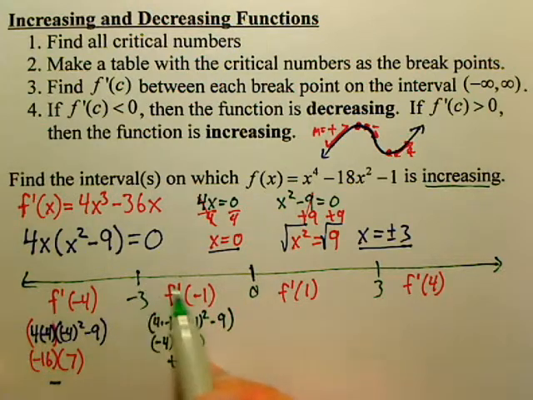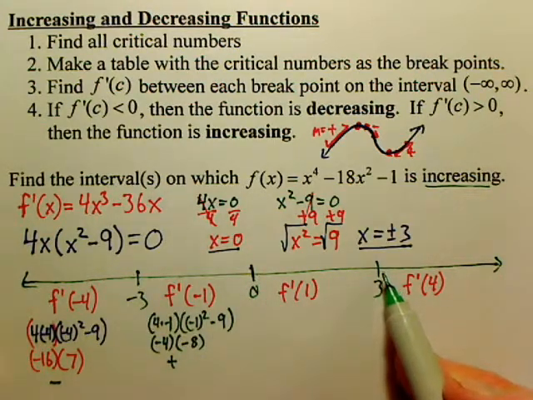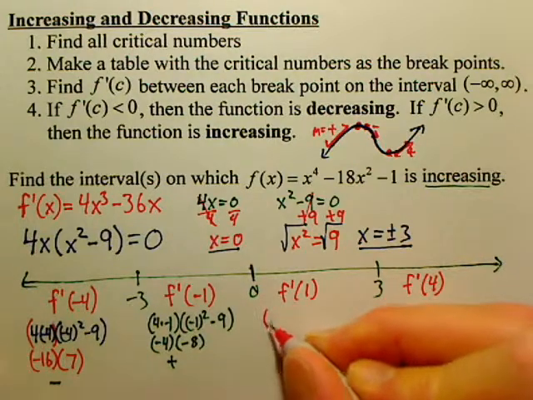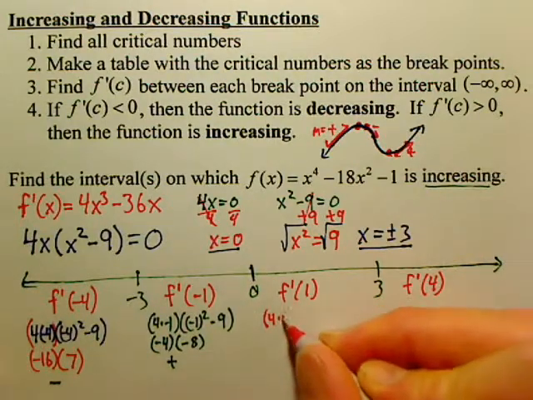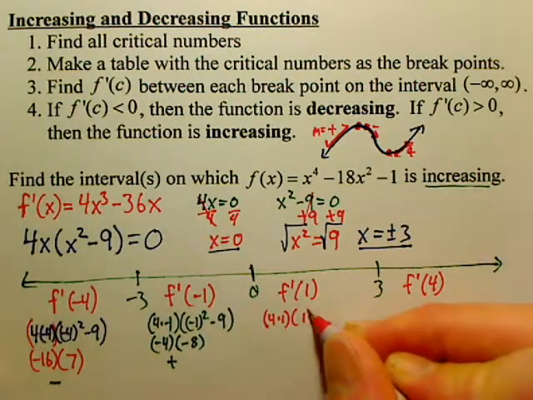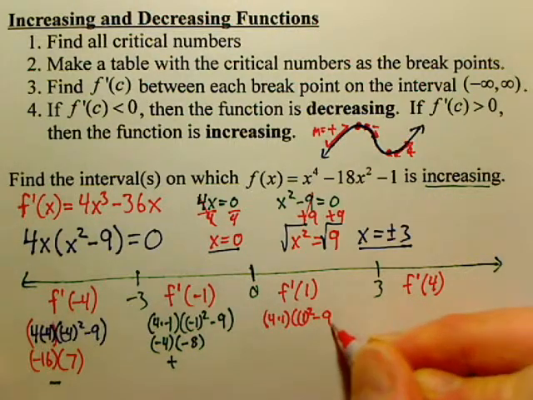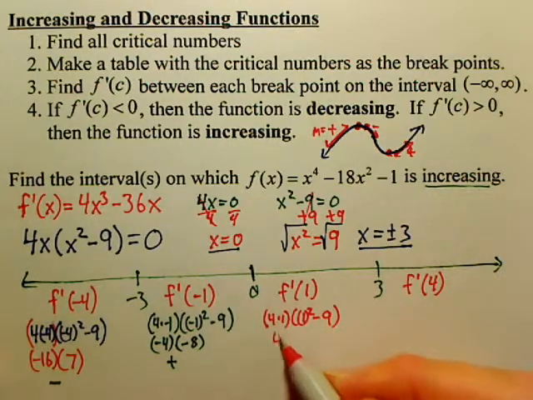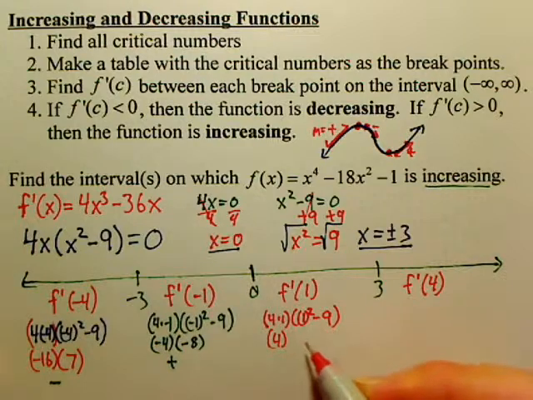Doesn't matter what value I choose on this interval, because the only points that could possibly change increasing, decreasing, are my critical numbers. All right, let's do this one. 4 times 1 times 1 squared minus 9. So that becomes 4 times 1 minus 9, which is -8. A positive times a negative, isn't that negative?